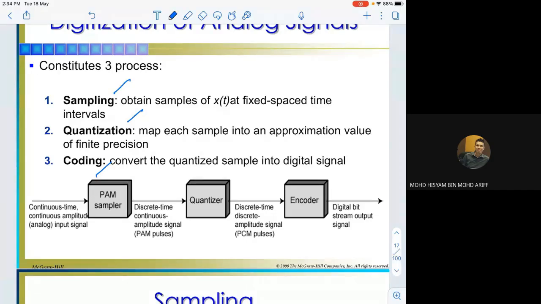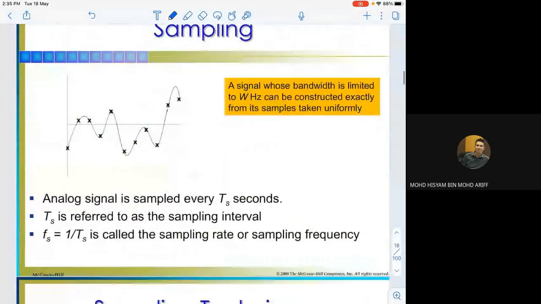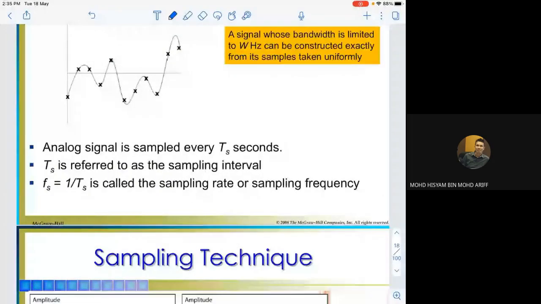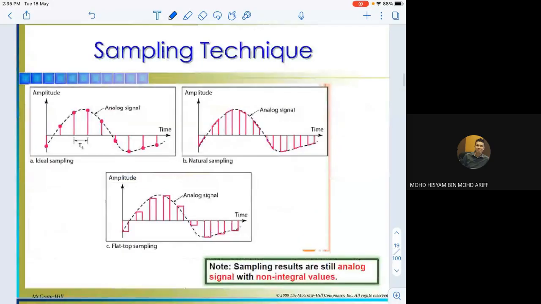Sampling has three types: ideal sampling, natural sampling, and flat top sampling. What is the difference? Ideal sampling is like this, a straight line.